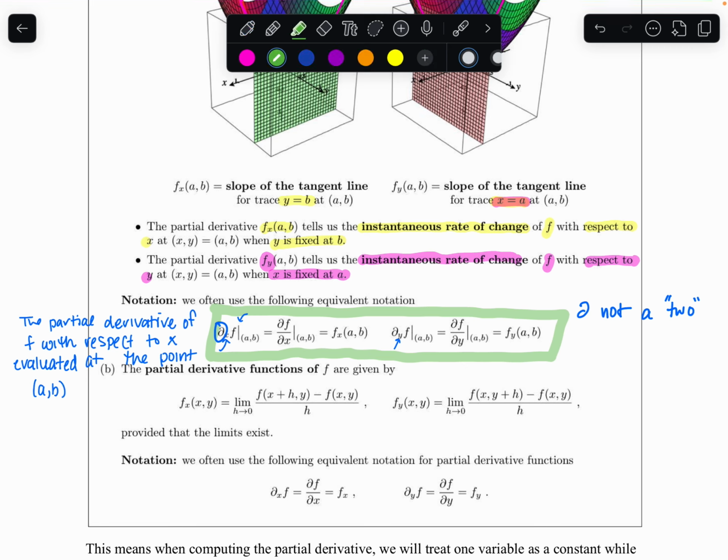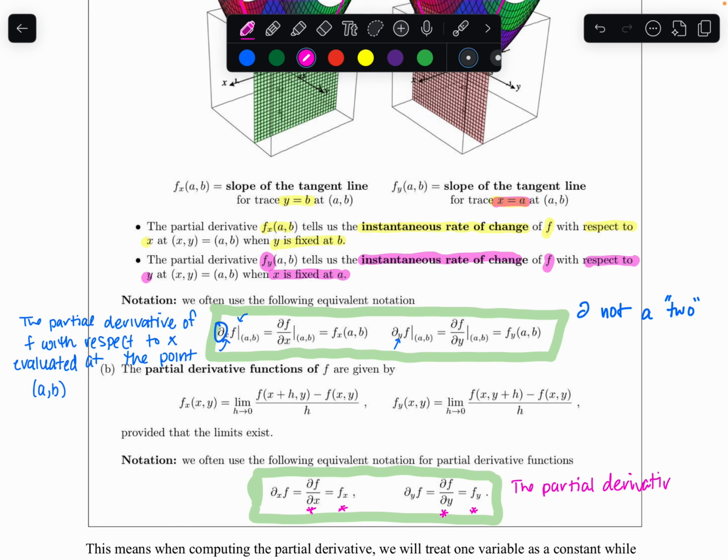So the common notation that we're going to be using is these ones down here. I would say that the most common one would be probably this one and this one, right? So the partial derivative of f with respect to y, the partial derivative of f with respect to x. So this one is the partial derivative with respect to f.